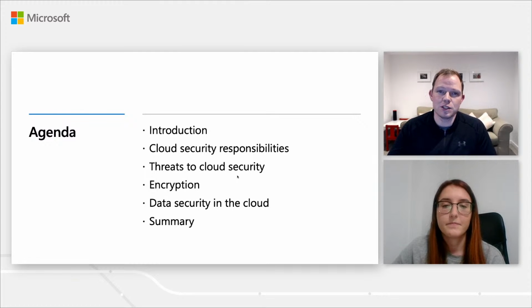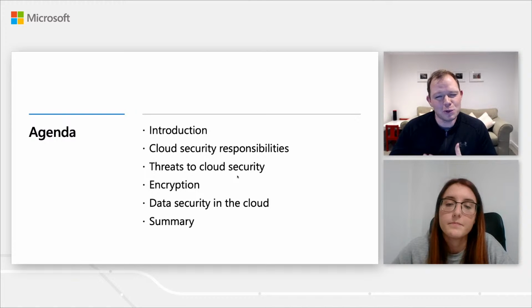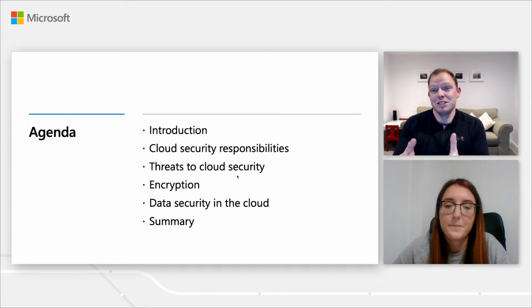We'll look at threats to applications and our environments that run in the cloud. We'll look at encryption. And we'll try our best, Christina, won't we, to explain encryption. It's not the most obvious thing. And then we'll look at data security and some integrated tools that you can use in the cloud to secure your environments. And then we'll summarize that all up and give you some key takeaways that you can take away at the end.